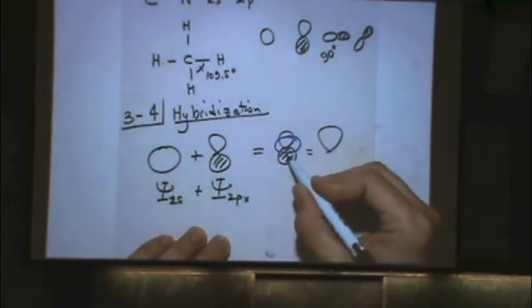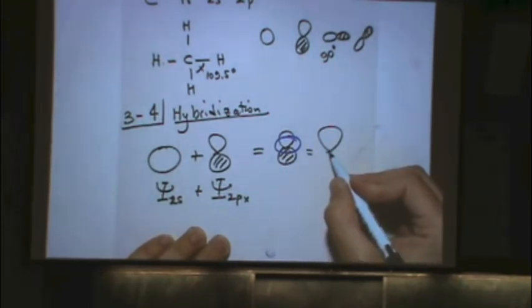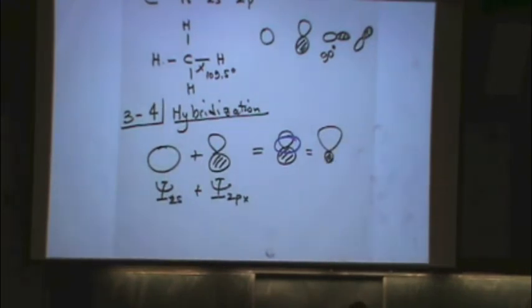And the shade with the unshade would have destructive interference and make a little baby lobe on the bottom. So if I mathematically add an s and a p orbital, I get this kind of offset looking orbital that's fat on one side and a little tiny part on the other. This would be a hybridization between an s and a p orbital.